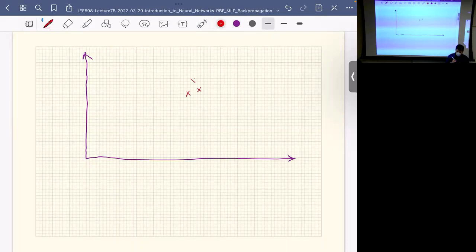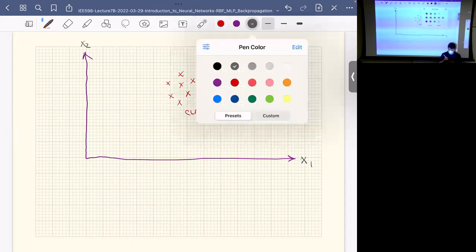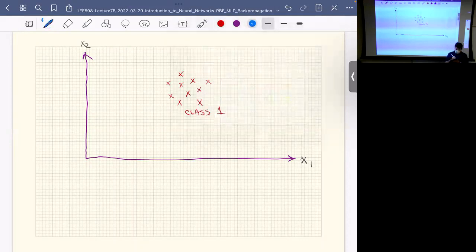I've got my X vector, X1 and X2, and I've got a group here, which are class 1. And then I've got another group out here, which are class 2.